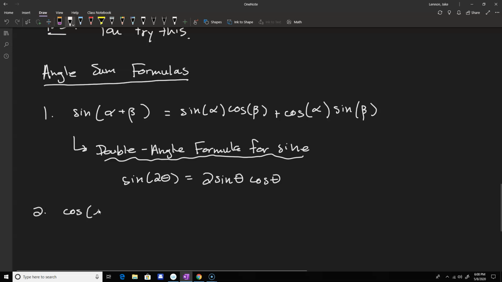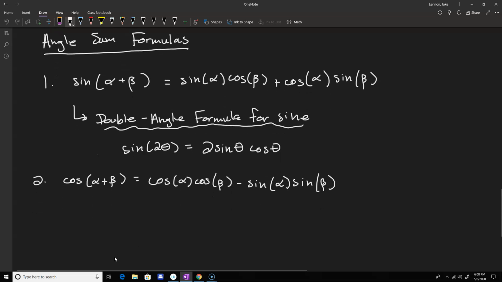So this is cosine alpha plus beta, and cosine is cosine alpha times cosine beta minus sine alpha times sine beta. And again, we're going to have a double angle formula for cosine if we allow alpha and beta to both be the same value. Again, we'll just call it theta for the double angle formula.